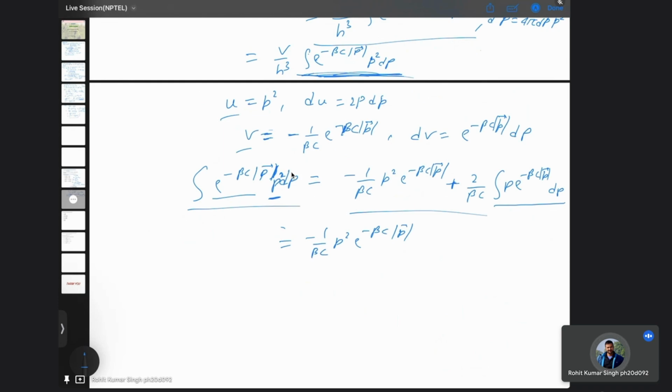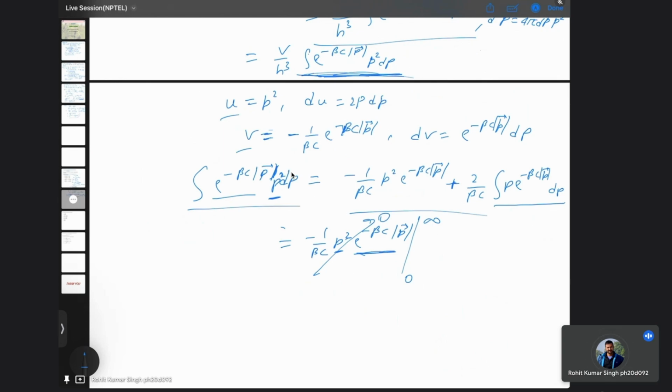By the way, this goes from 0 to infinity, right? And as you can see, this quantity is 0, because at infinity this is 0, and at 0 this p square is 0. So this whole quantity is 0 for the limit.